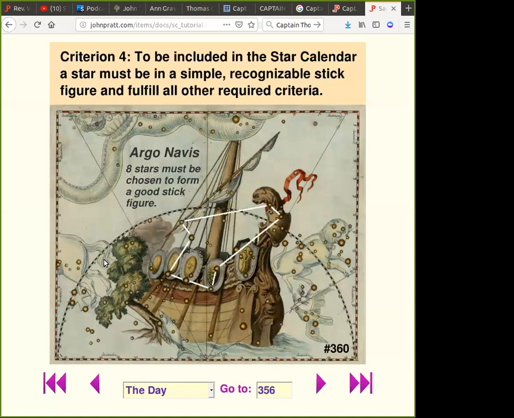One of the toughest was the ship Argo, which, by the way, some of the constellations down in the underworld, which is below the ecliptic, are not all that evil. And Argo is the ship with the men on it who are trying to get a better resurrection.